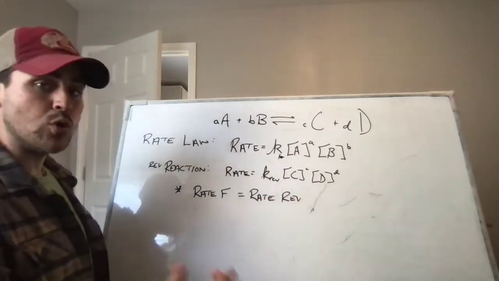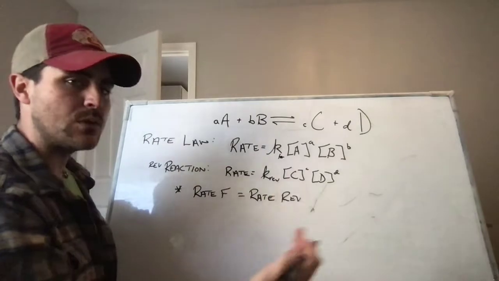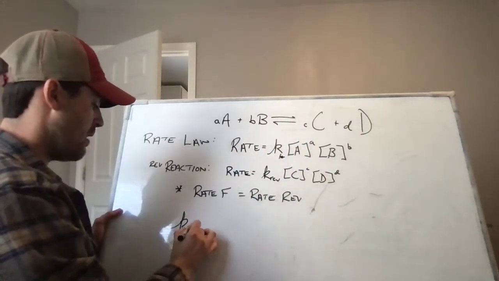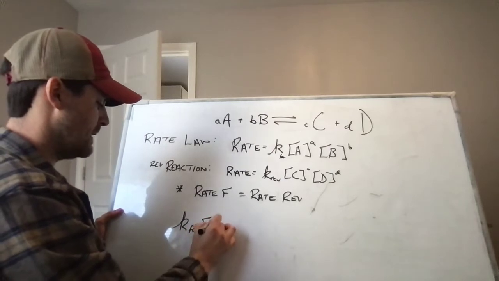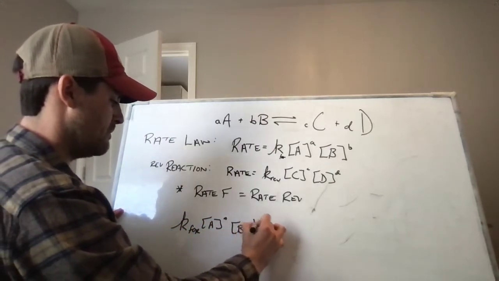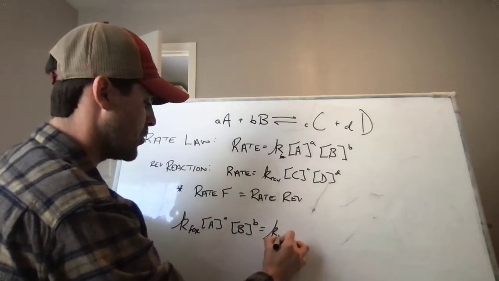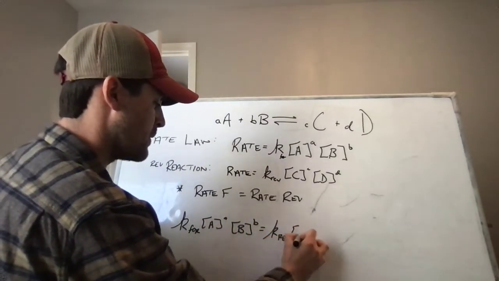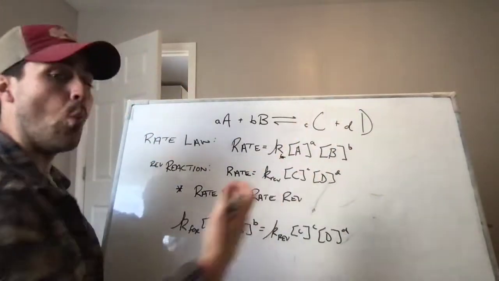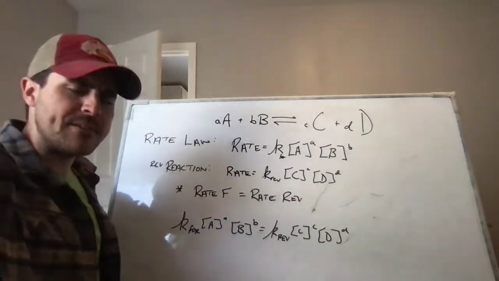And if that's true, if the rates are equal when they're at equilibrium, we can rework this equation and say that the K of the forward reaction times A to the a, B to the b is equal to the rate of the reverse reaction. This is true when we're at equilibrium. It's the definition of equilibrium.